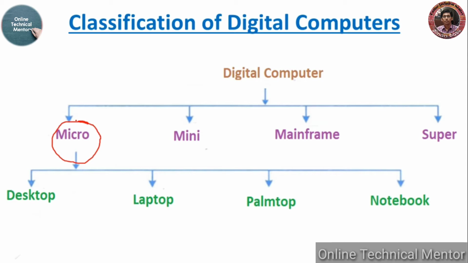The term microcomputer is not as commonly used as it was during the 1970s or 1980s. We now refer to microcomputer as simply computer or personal computer. So microcomputer is again classified as desktop, laptop, palm top, notebook. PDA is also under microcomputer. This is called the personal digital assistant.